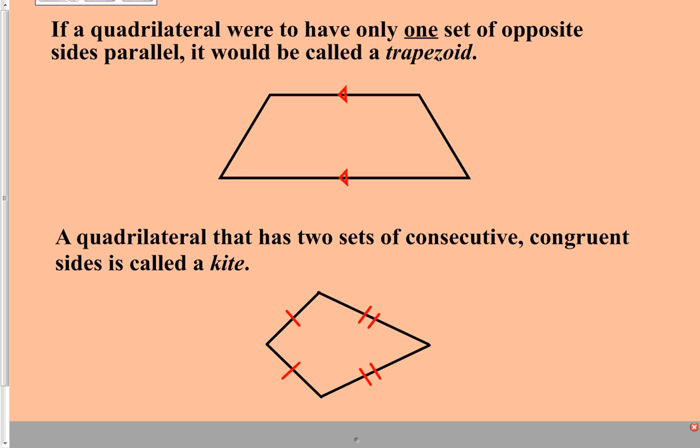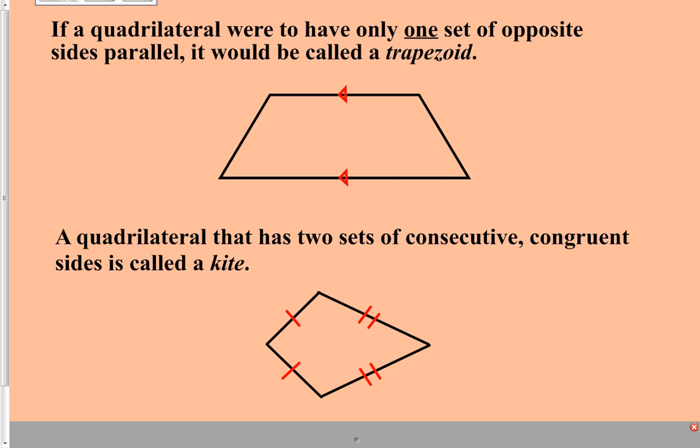So if you've ever played with a kite or flown a kite or seen a kite and wondered where they came up with such a name, well, here it is. This is the shape that a kite is. Two sets of consecutive congruent sides. And again, notice the differing styles of tick marks, because we do not have all four sides congruent. If all four sides were congruent, that would be a rhombus, not a kite.